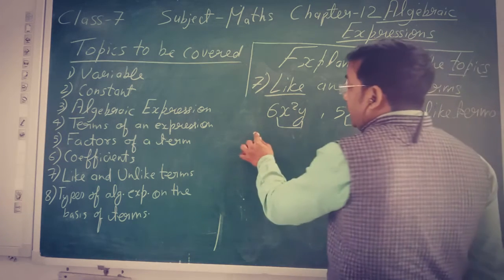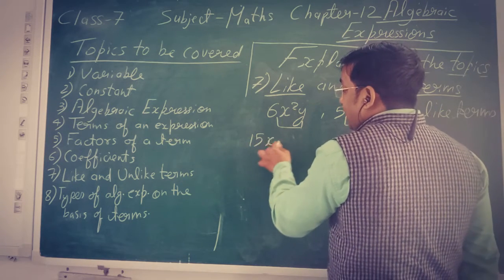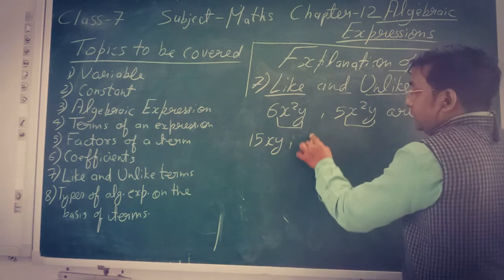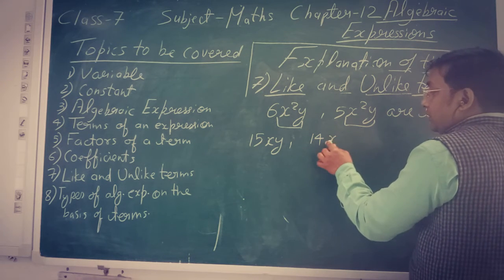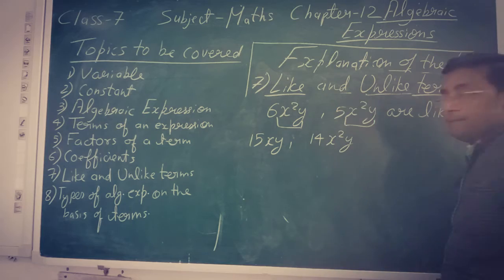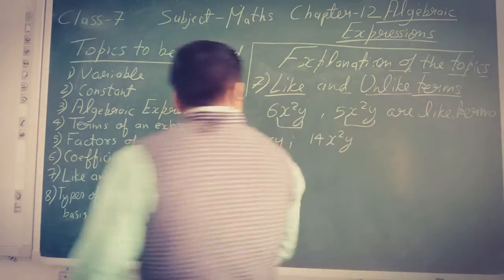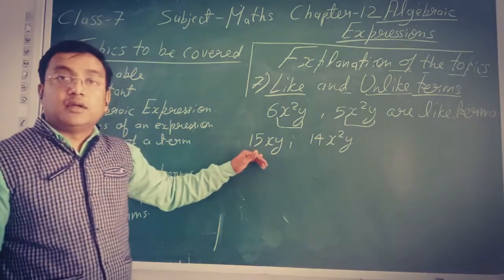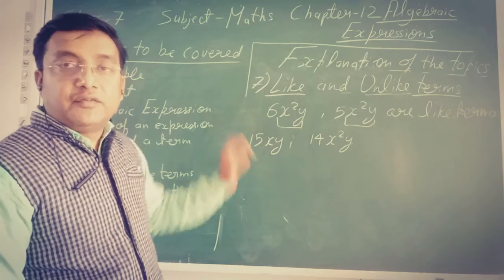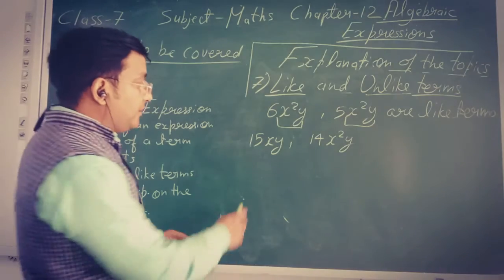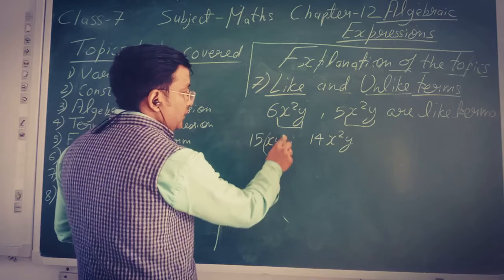Let's take one more example. 15xy and 14x square y. If I have to check whether they are like or not, I have to see the literal coefficient, which means the variable part.